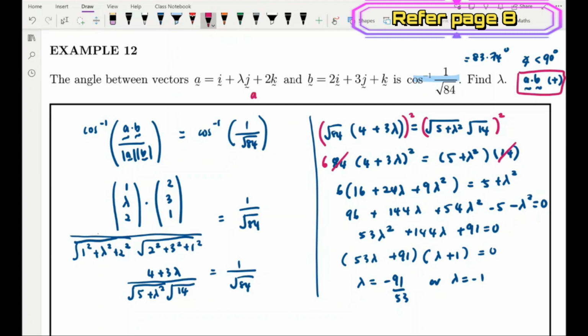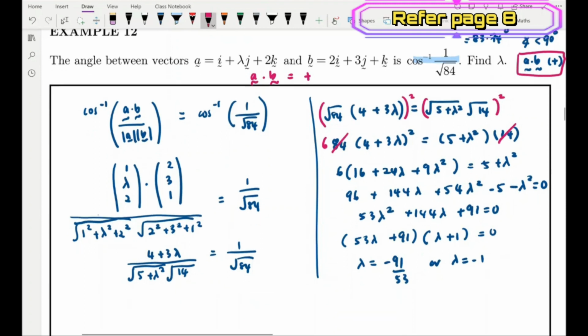So by using A dot B here, we just have to find the answer must be positive. So from the calculator, we can get lambda equal to negative 1 only gives A dot B positive. So this is our final answer.